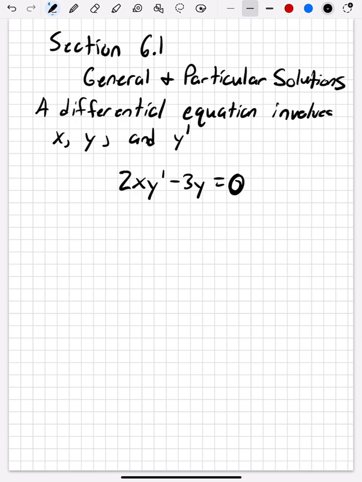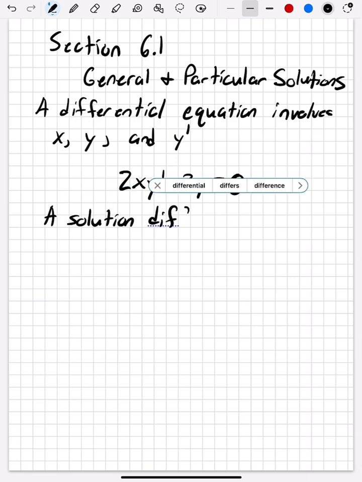All right. And differential equations have solutions, and I'm just going to abbreviate this to diffEq. If you take the course differential equations later, you'll understand that.